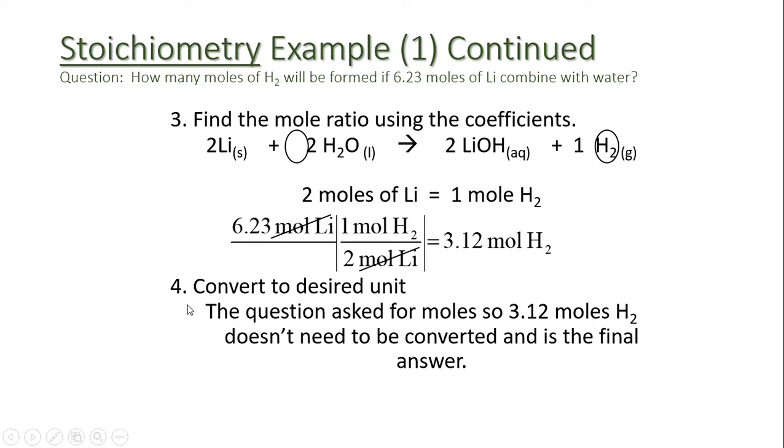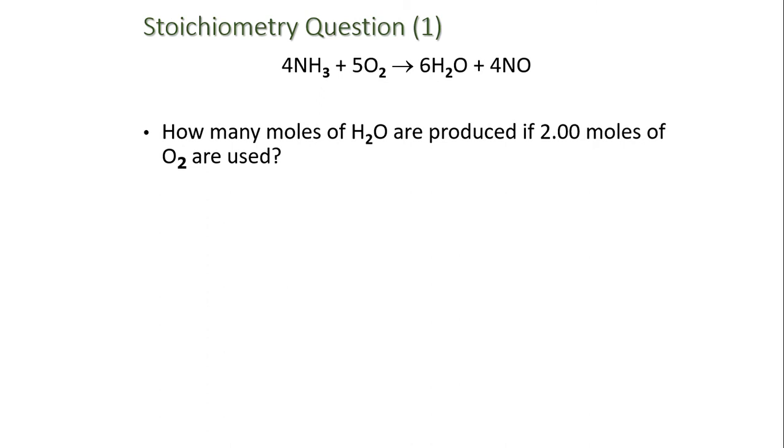So, the last step is to convert the desired unit. So, the answer is 3.12 mole of H2. Alright, another example. So how many moles of water are produced if 2 moles of O2 are used?